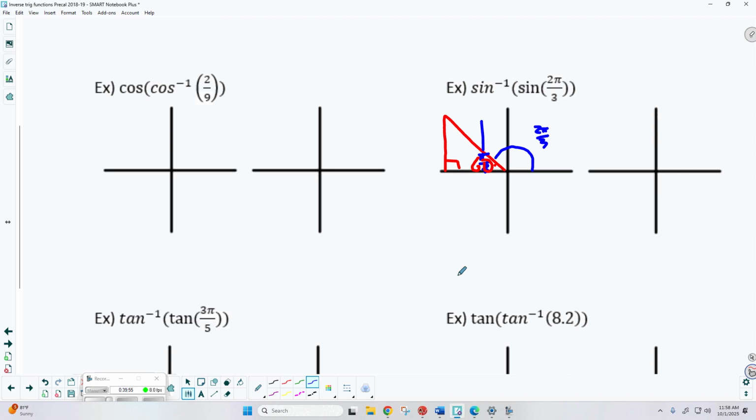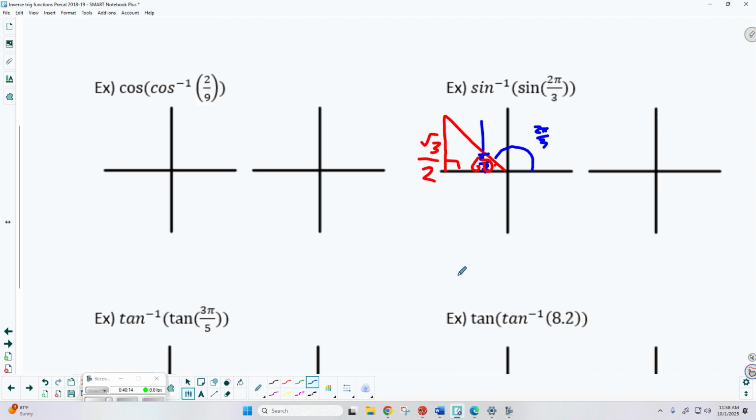What was across from 60? Two. Okay, so let's write that. So that's square root of 3 over 2.